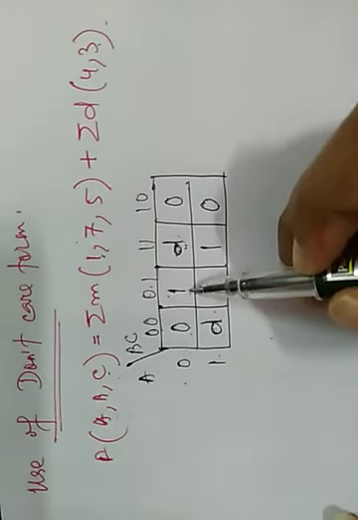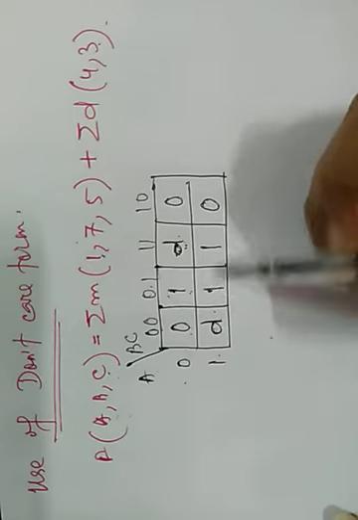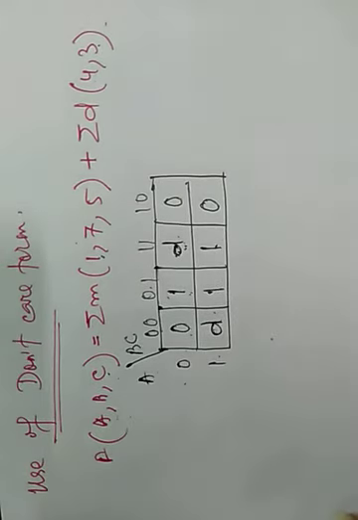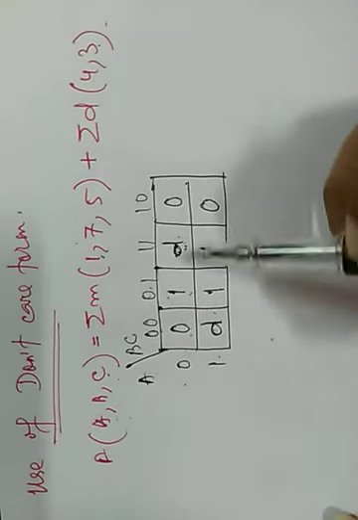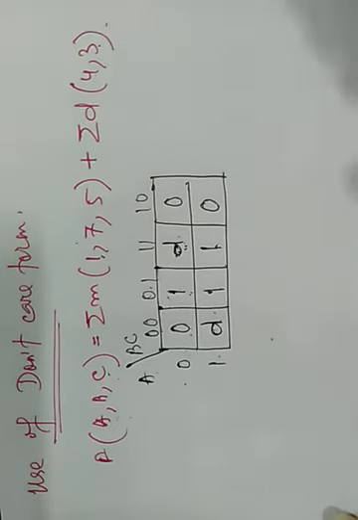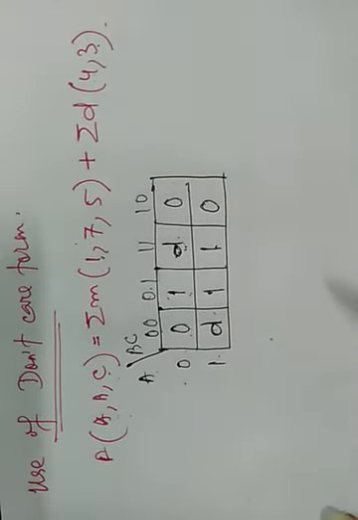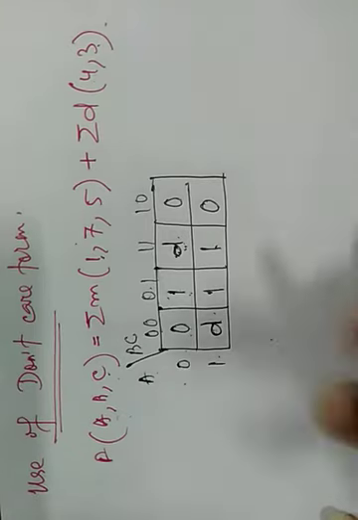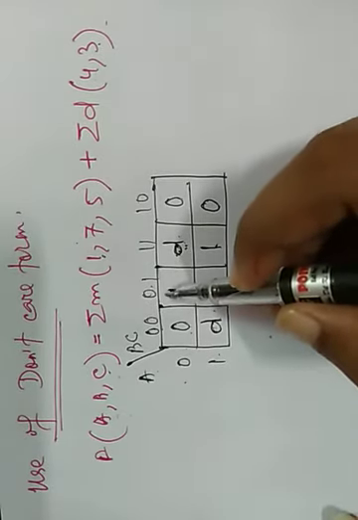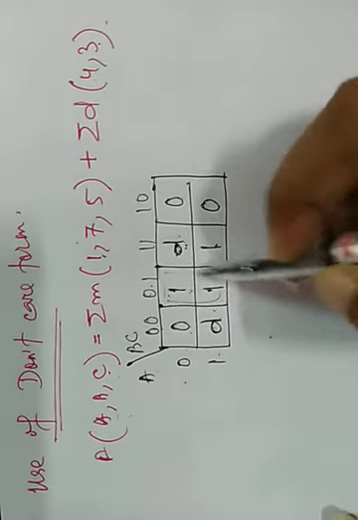Here you can see that it is 1 1 1. I have already told you that the maximum number of 1s must be in a single group to make a simplified Boolean expression. Okay, so you can make two ones like this way, this one and this one.